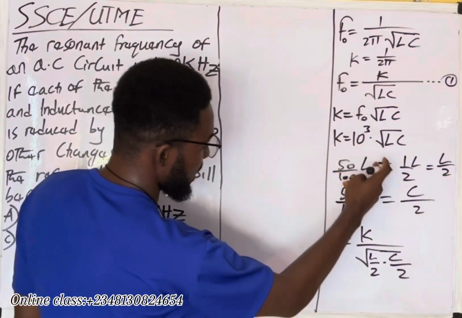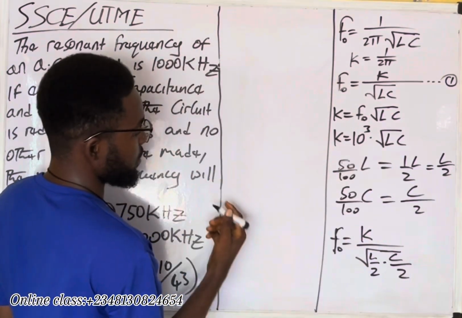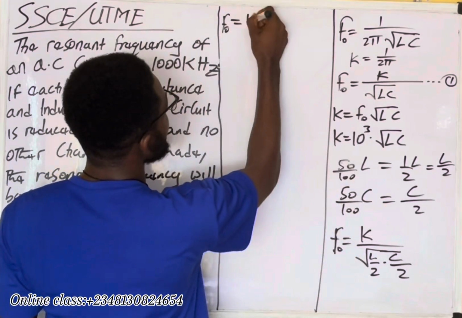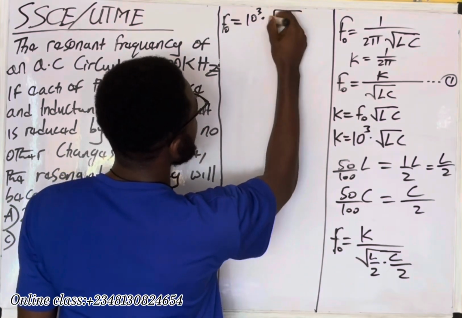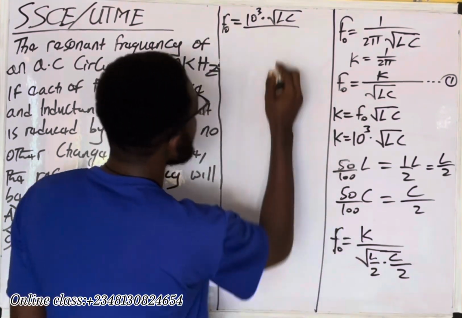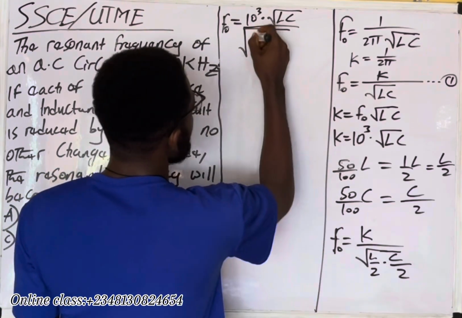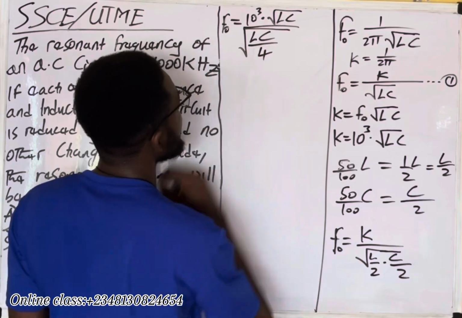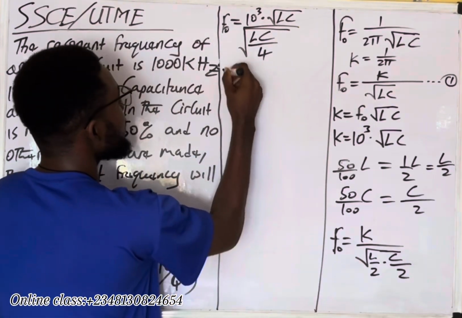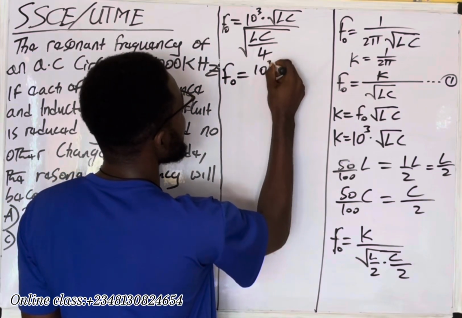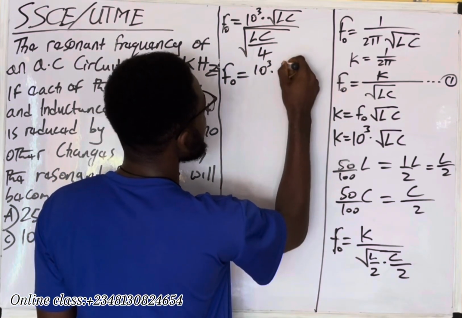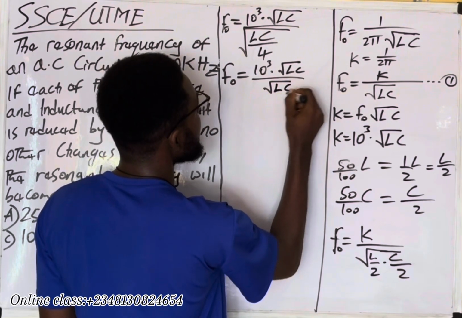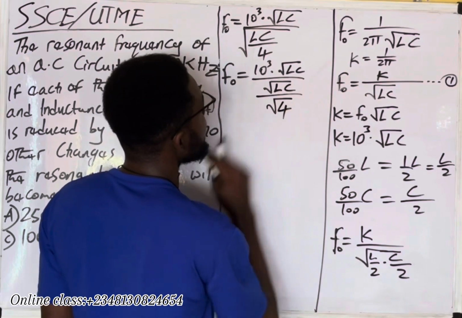So we just substitute K into the equation. Therefore the resonant frequency is equal to K, and K is 10 raised to the power of 3, dot the square root of LC over 4. Sorry, this will be 4. So the resonant frequency is equal to 10 raised to the power of 3, dot the square root of LC over square root of 4.